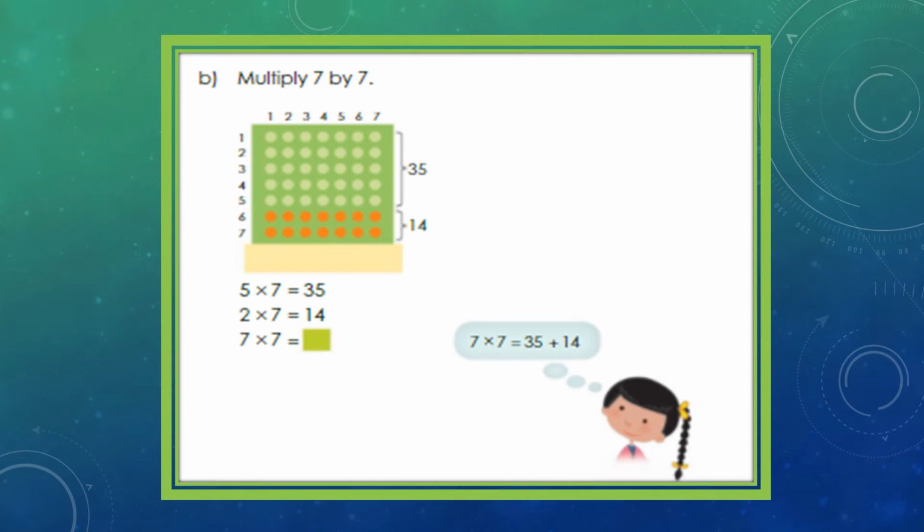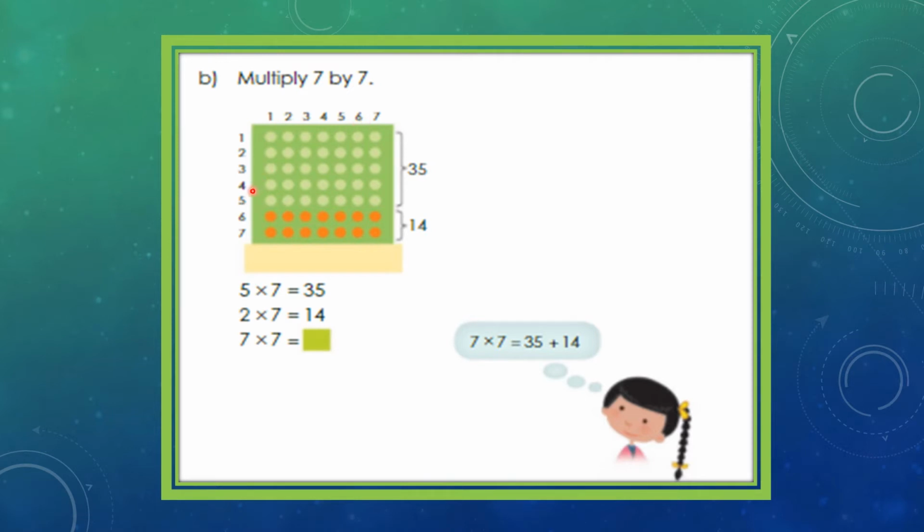Now this slide shows how to multiply 7 by 7. We have another dot card, and we'll be learning more about how to use it. As you see here, class, we have 7 times 7, but the first thing we'll do is multiply the 5 and the 7.